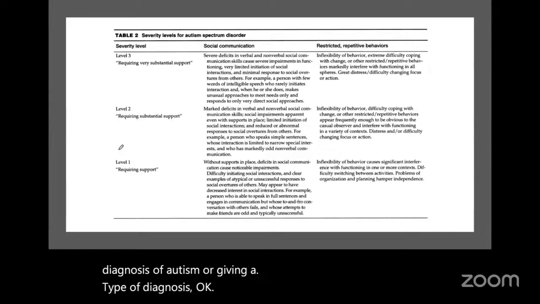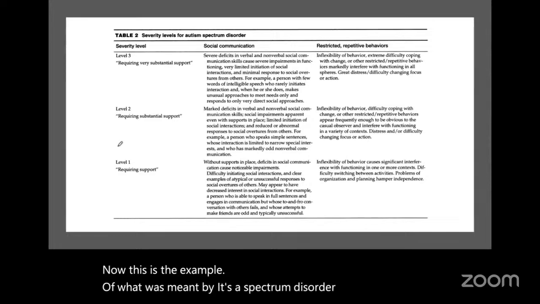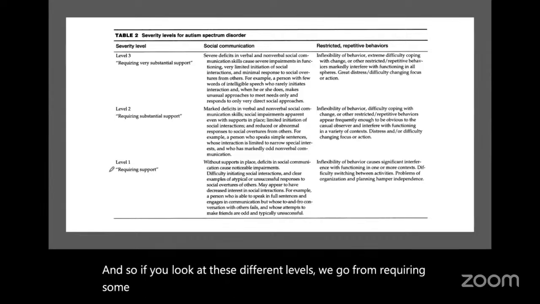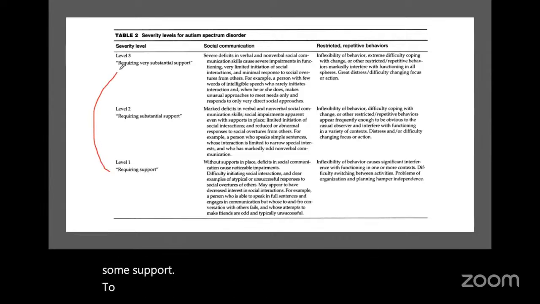Now, this is the example of what was meant by it's a spectrum disorder. Okay. And so if you look at these different levels, we go from requiring some support to requiring complete and substantial support.